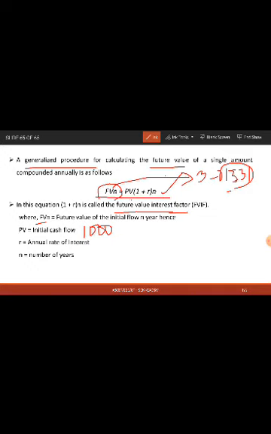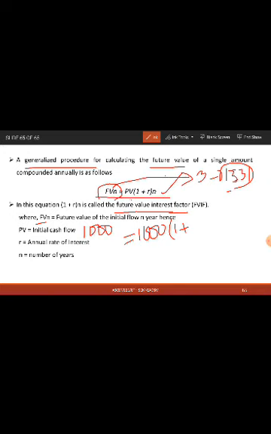If I substitute in the formula, for PV, our initial investment is 1000 rupees. And 1 plus what is our interest?